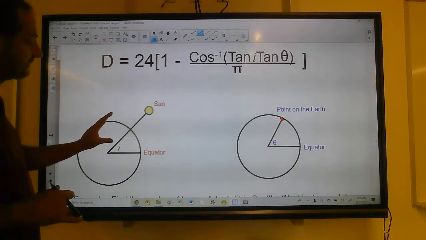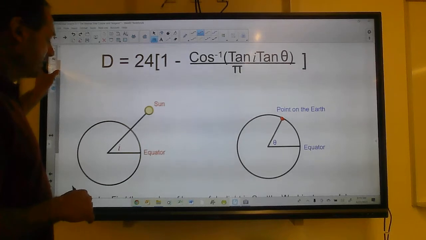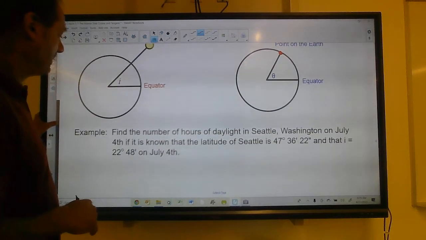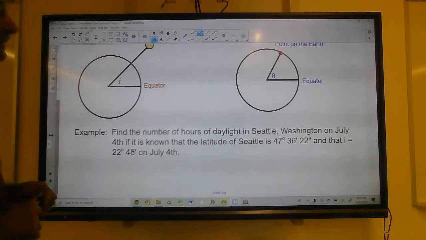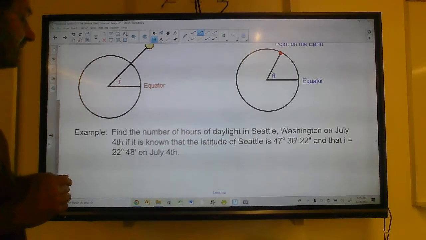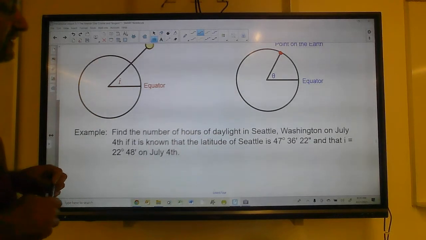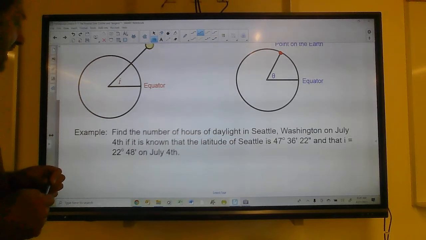So this angle gets larger and smaller. So let's find the number of hours of daylight in Seattle, Washington on July 4th, if it is known that the latitude of Seattle is 47 degrees, 36 minutes, 22 seconds, and that I is 22 degrees, 48 minutes on July 4th.